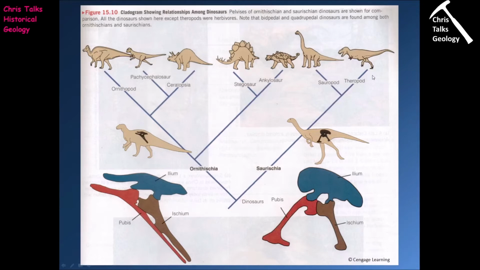Now, the theropod dinosaurs are a group of bipedal dinosaurs, so they walk exclusively on their hind legs. They are also almost all carnivores. Now, there are a few examples which were omnivores, and there were even a few very rare examples which appear to have been herbivores, but the vast majority of the theropod family were exclusively meat eaters.